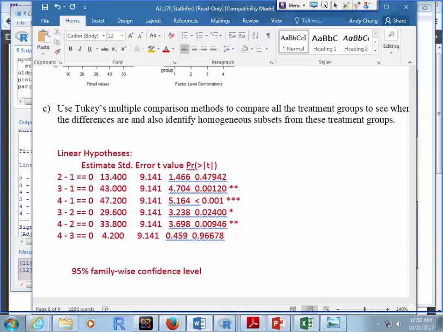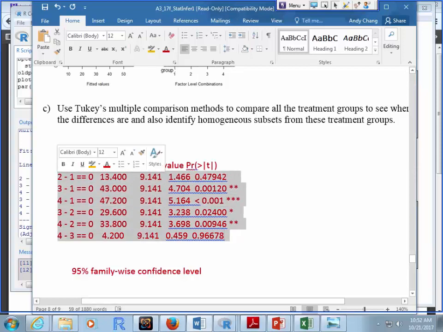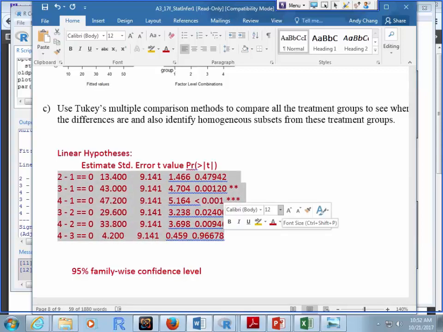So oftentimes people suggest that we should use a so-called family-wise type 1 error rate. You need to compare them 6 times, do 6 tests altogether. What we should do is, if overall alpha is 5%, we should divide that 5% by 6.